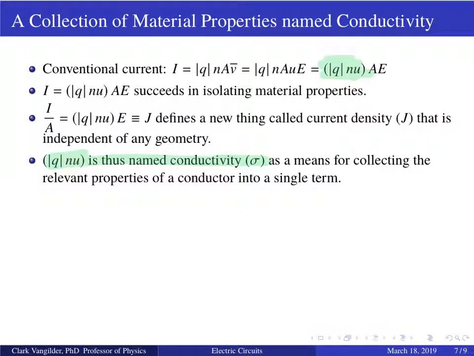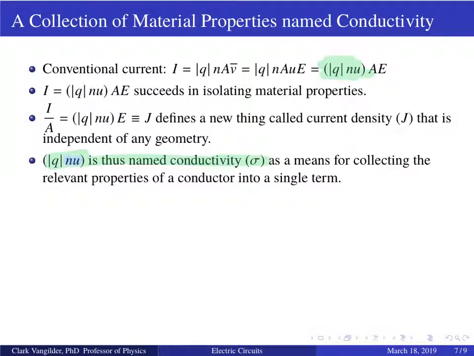So let's think about why we would call that conductivity and give it a new symbol. Well, each material, N and U are going to be particular constant values for any particular material. So copper will have its own NU. Aluminum will have a different NU. Iron will have a different NU product pair.